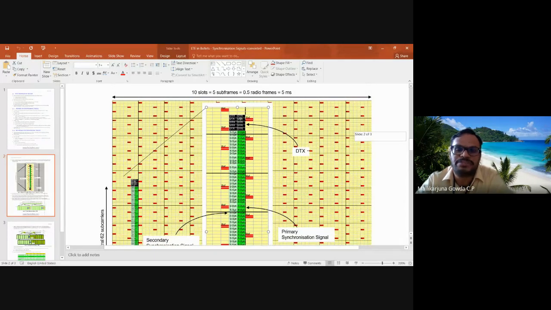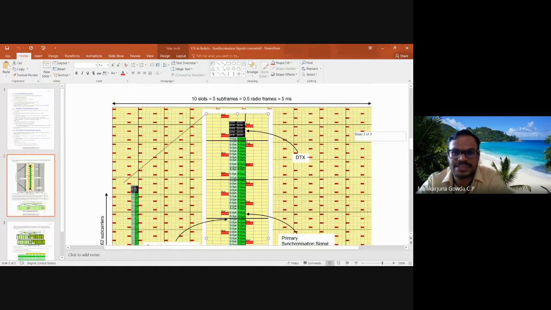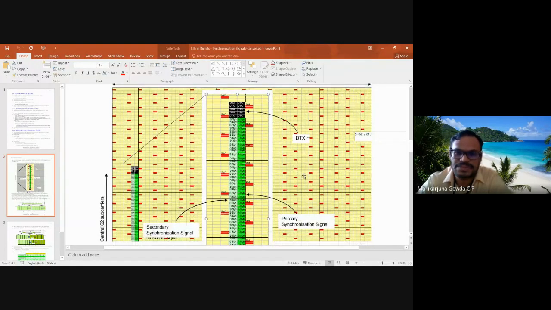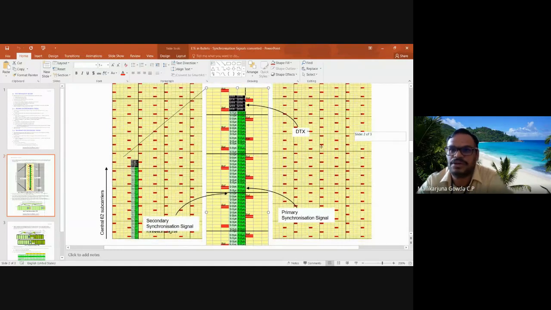So the upper 5 subcarriers will not be used. Similarly, the lower 5 subcarriers will not be used. So the middle 62 subcarriers have been used for the primary synchronization signal and secondary synchronization signal. So you are able to get some idea of how this resource element picture will be.